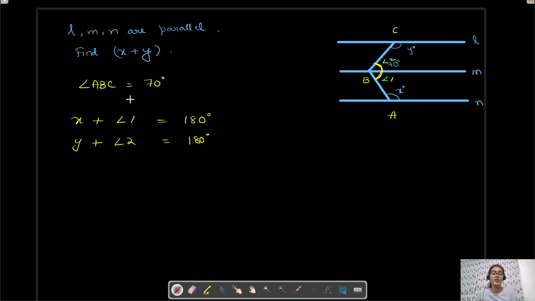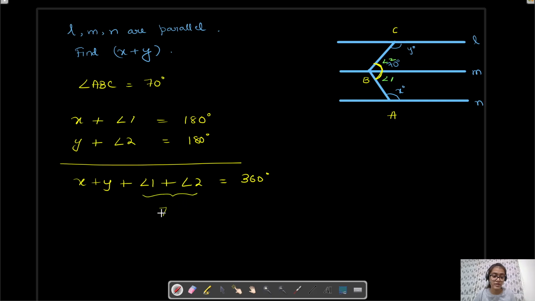And now we need to find out the value of x plus y. So what we can do is add these two equations. We are going to get x plus y plus angle 1 plus angle 2 equals 360 degrees. And we know that angle 1 plus angle 2 is nothing but 70 degrees.